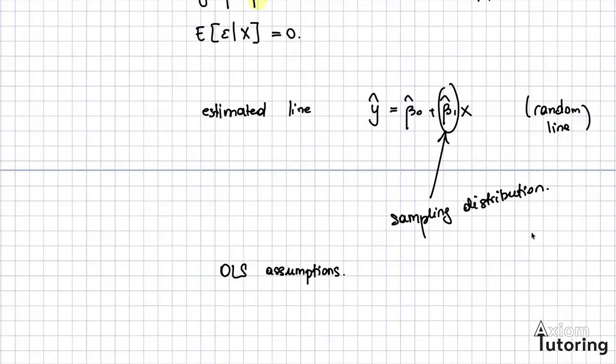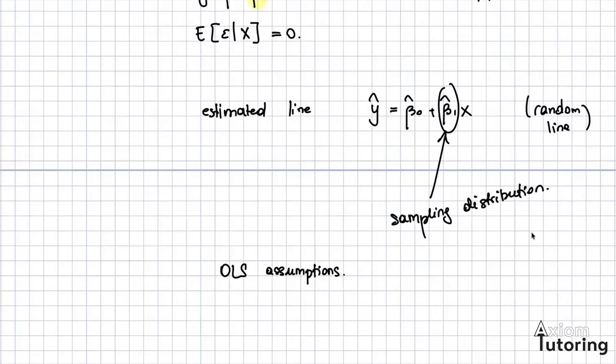Now, in practice, keep in mind, we only have one sample, one line, one beta. So that means that there could be some uncertainty behind it. We don't know the actual spread, the actual range of the possible beta hats that we could have gotten. And that is very important in our world of econometrics.